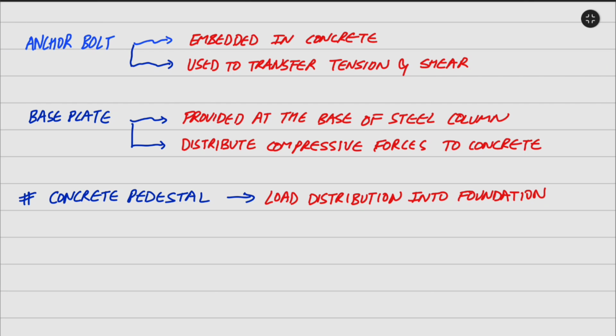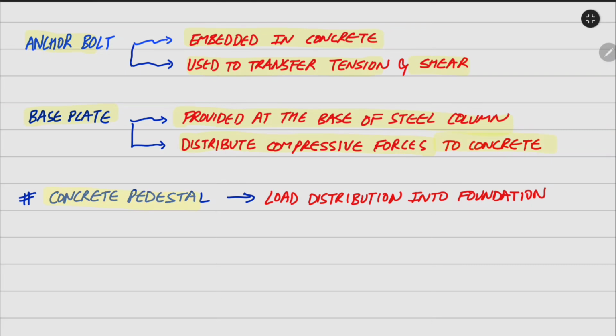First is the anchor bolt. The anchor bolt is embedded in the concrete and is used to transfer tension and shear. Next is the base plate, which is provided at the base of the steel column. It is welded to the steel column and is used to distribute compressive forces to the concrete.